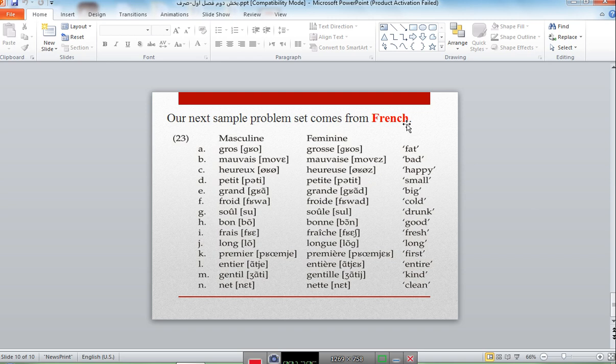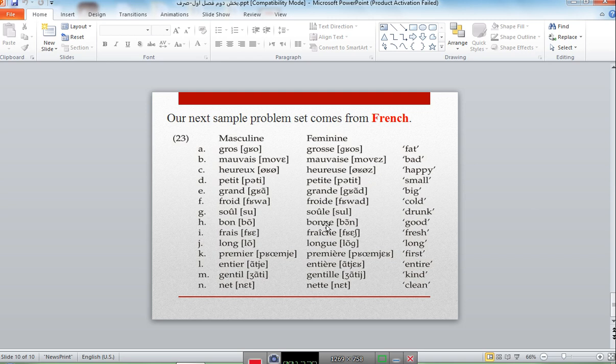The French adjectives in the first column are masculine, as you see here, and those in the second are feminine. Your task is to determine how masculine and feminine adjectives are differentiated and to outline a possible analysis. You may ignore changes in vowel quality.